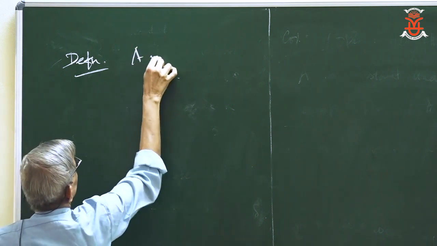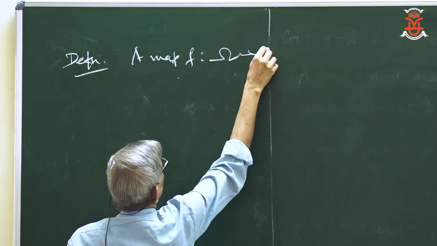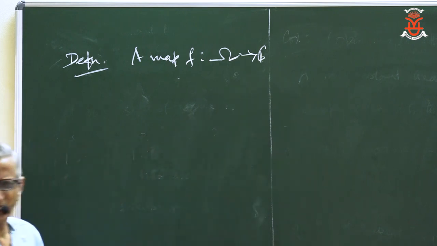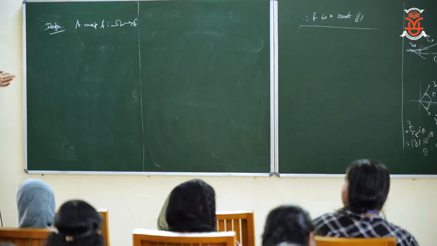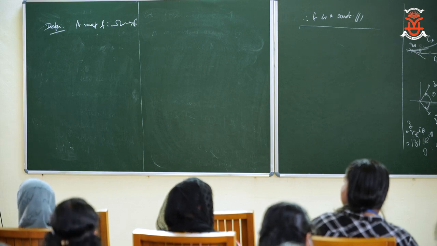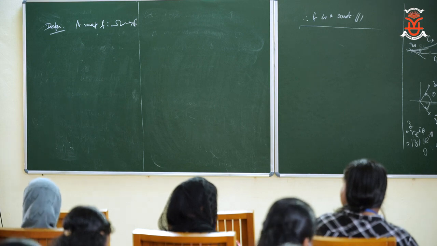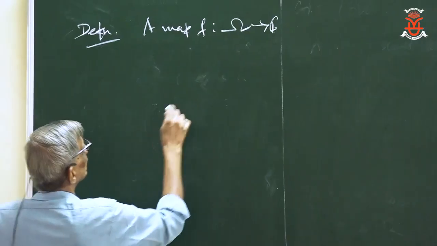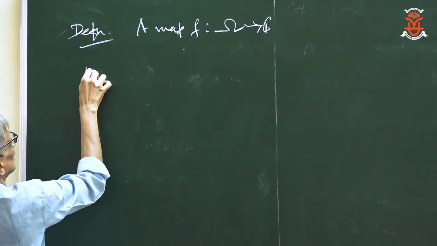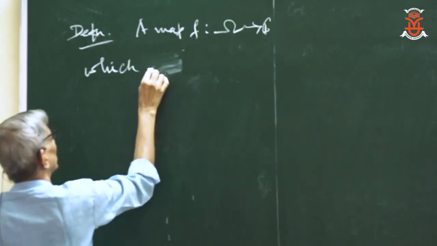A map, of course we want to talk about derivatives of curves and so on, tangents to curves and so on. So you need some regularity condition here. So assume that it's C1, real differentiable. That's all. Okay? That means C1, let us say.